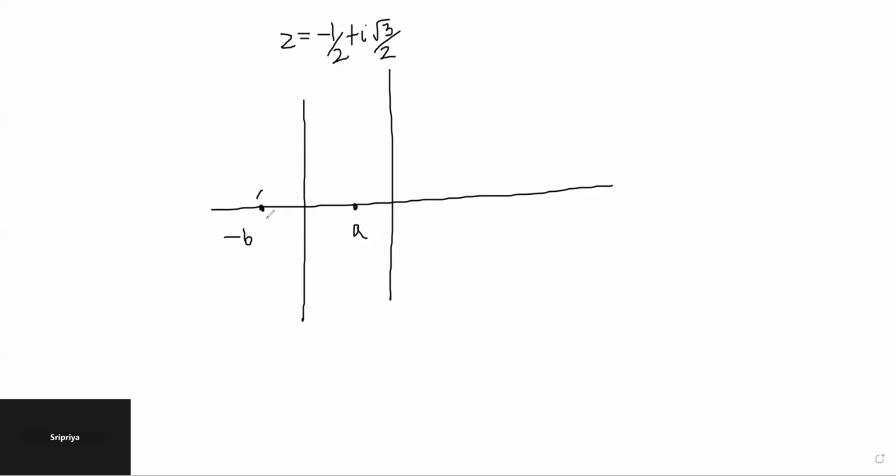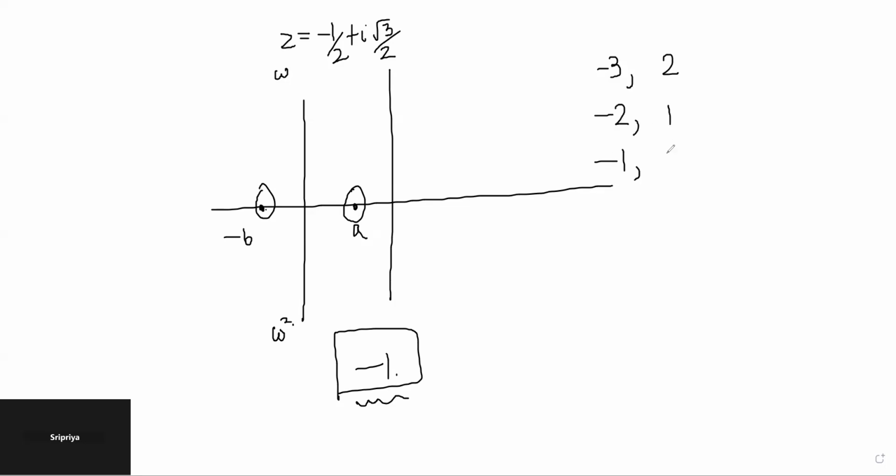The sum of the real parts of these two should add up to minus 1, in the case when it is omega or omega square both. So minus 1 can add up as minus 3 and 2, minus 2 and 1, minus 1 and 0. These are the possibilities.